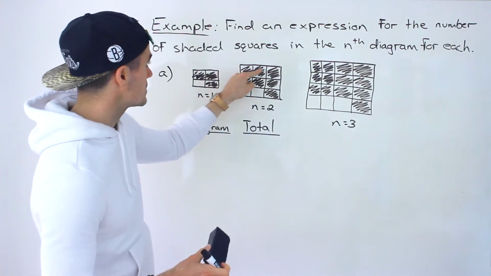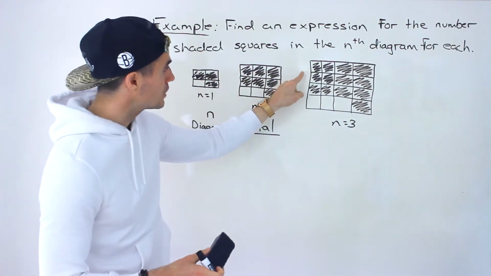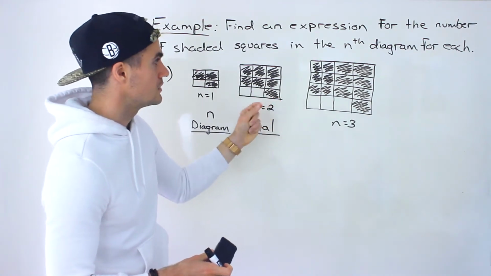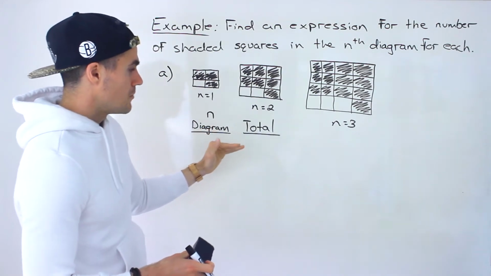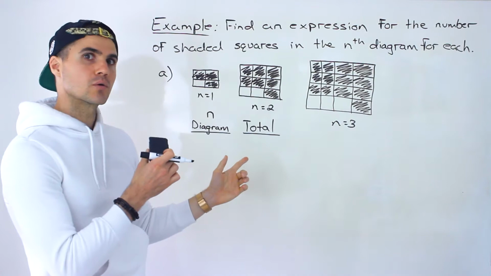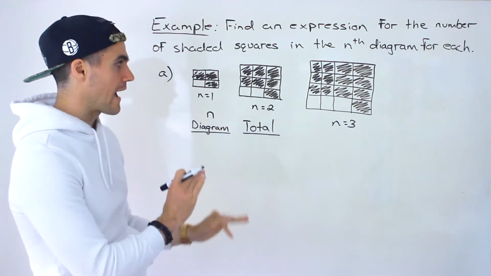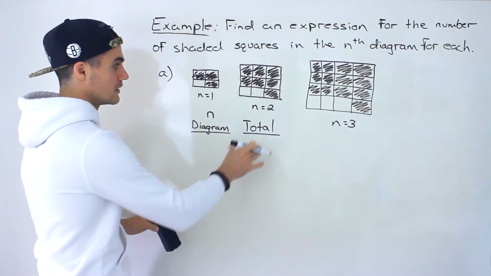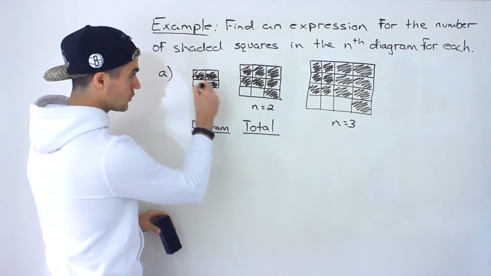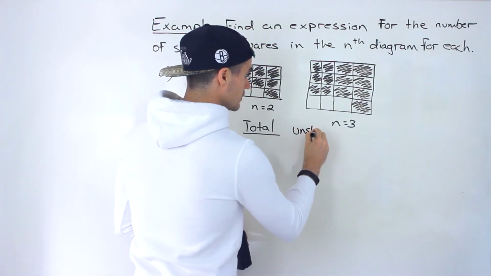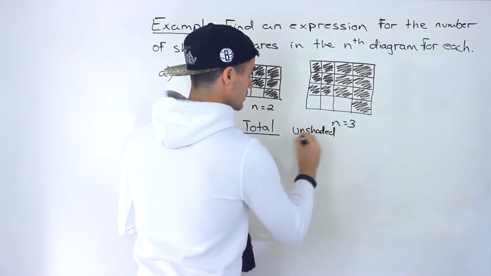Here we'll have 7 shaded squares, and then over here we'll have 13 shaded squares. But as I mentioned in the previous video, a lot of times it's tough to figure out the relation just from that column alone, versus if you make a column for the total, and then a column for the unshaded amount of squares in each diagram.